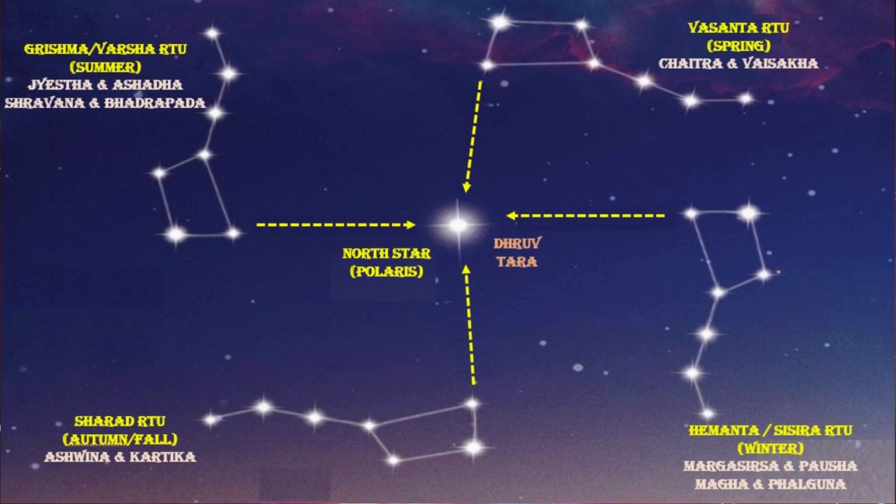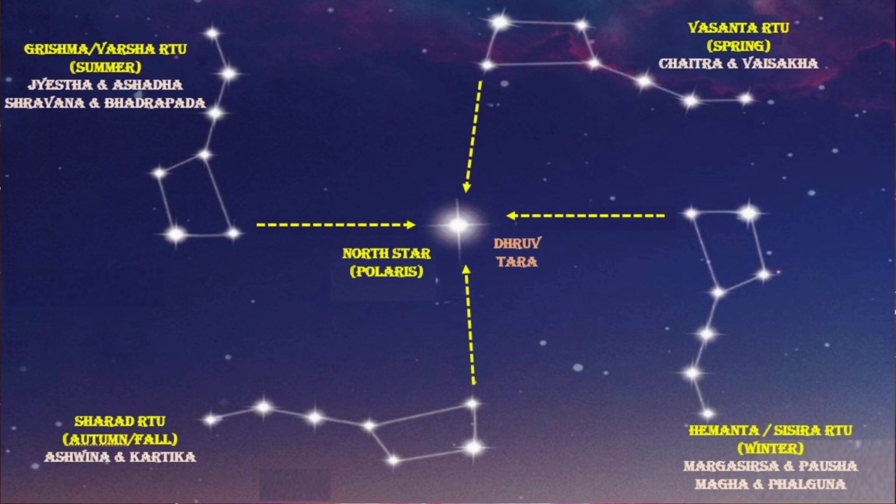In winter, it rests lower in the southwest. This rotation is eternal, marking the cycle of time, the changing of seasons, and the rhythm of the cosmos. Just as day follows night and seasons follow seasons, the Saptarishis remind us of life's unending flow.